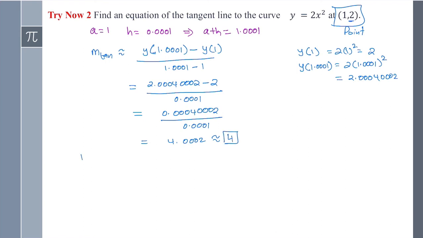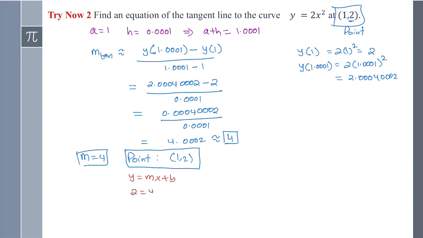Now we have this slope, which is 4, and then we have the point, which is 1, 2, and then using this point and this slope, we are going to find the equation of the tangent line using y equals mx plus b. Okay, so y is 2 equals m is 4 times x is 1 plus b.